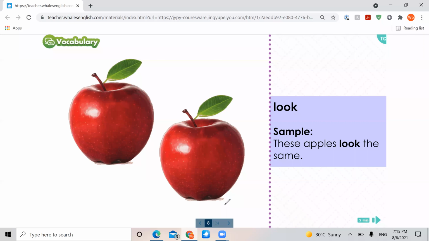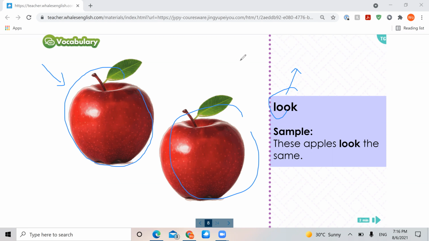Let's read the next word. Look. Look. One more time. Look. Look is how things appear. What do you see in the picture?